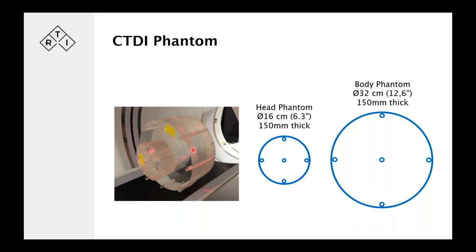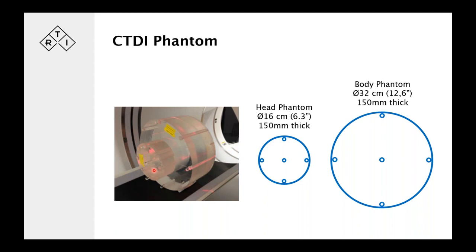There are some that may be nested, like the one you see in the picture here. That's a combined body phantom, which has a diameter of about 32 centimeters, and nested into it is a 16 centimeter head phantom, also of the same thickness.